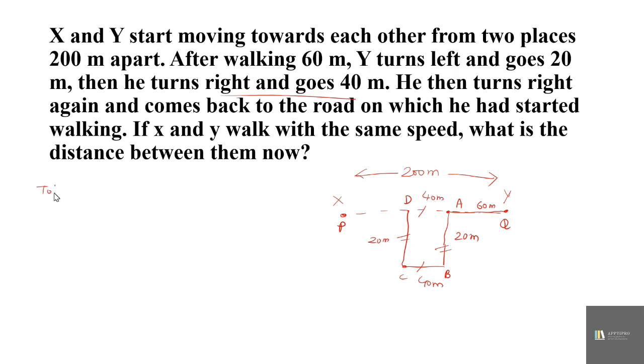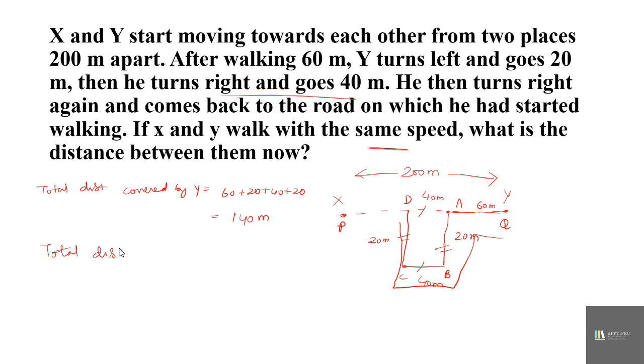Now the total distance covered by Y is (60 plus 20 plus 40 plus 20), that is along this path. So it gives 140 meters. They have given that X and Y walk with same speed. So total distance covered by X is also 140.